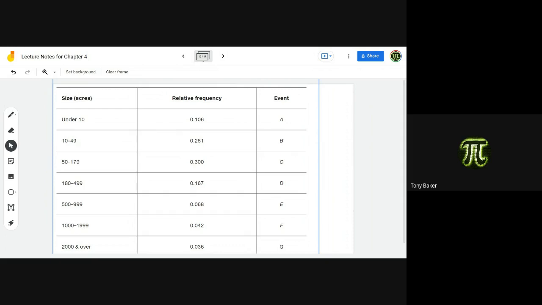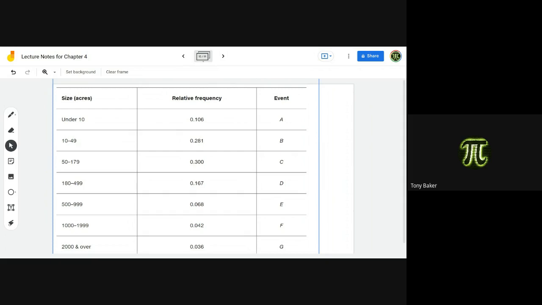What's the probability that I'd find a farm under 50 acres? Nope. 0.387. Yes, you did. You started adding and then I think started subtracting.